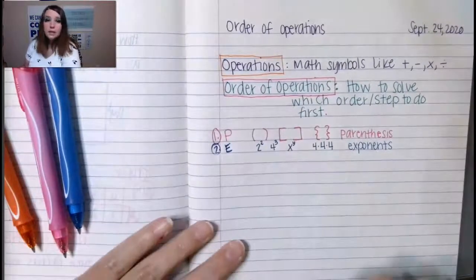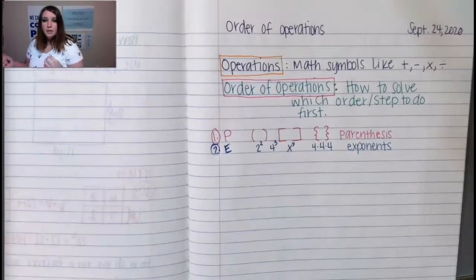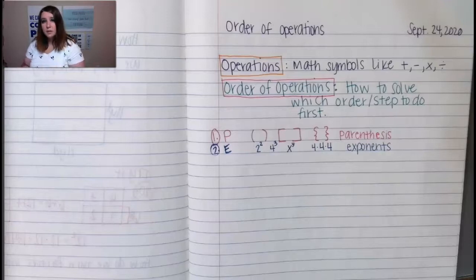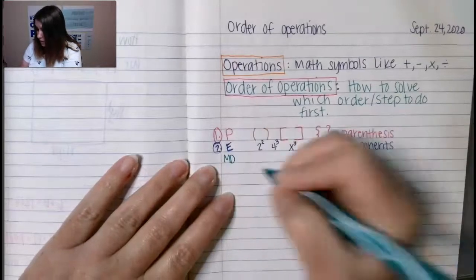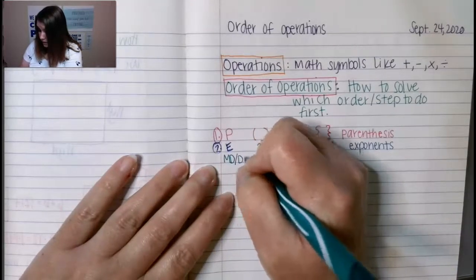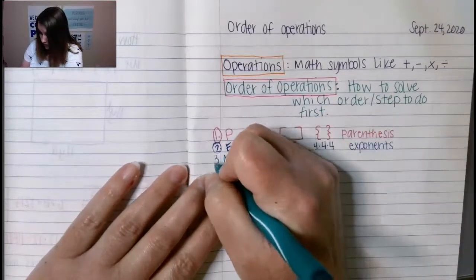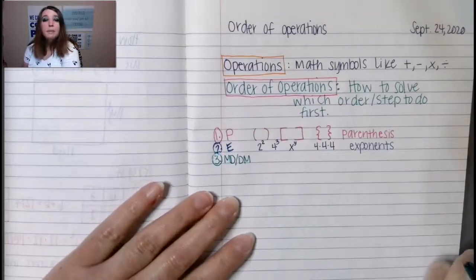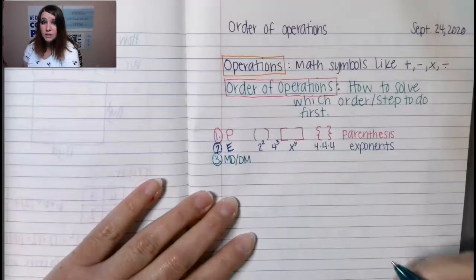Now, here's where it can get the confusing part, because we want to make sure that we understand that this is the left to right part. It doesn't matter which order multiplication or division comes in. So the next part is called MD, or you can call it DM. And it doesn't matter because step 3 is interchangeable. So step 3 can be anything from left to right that is multiplication or division.